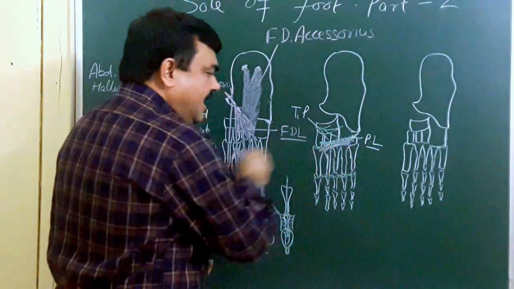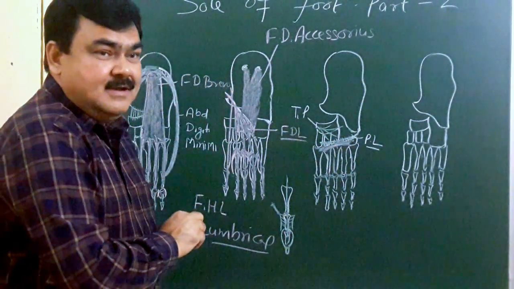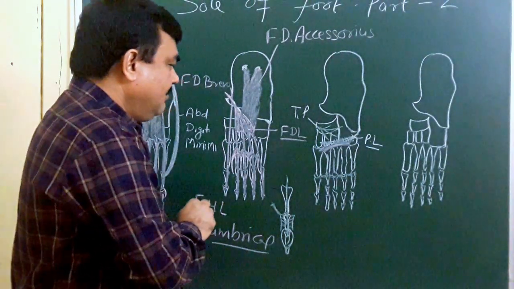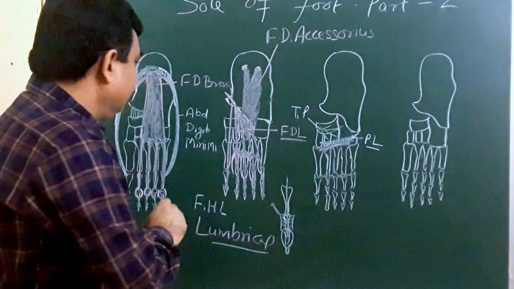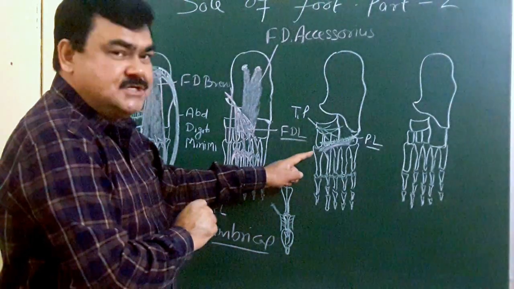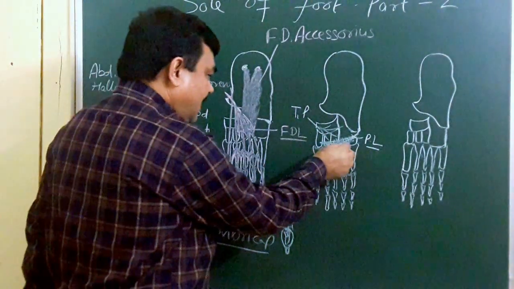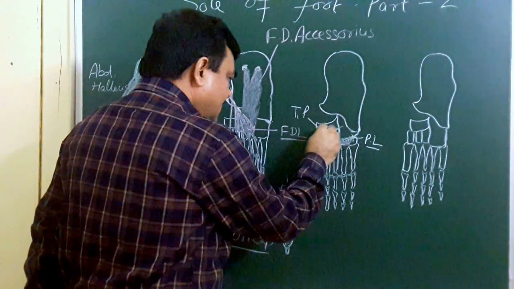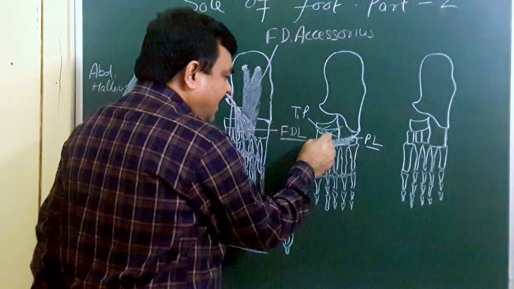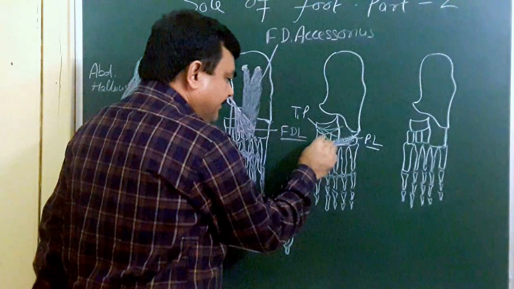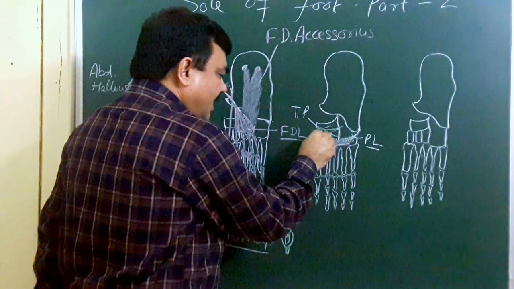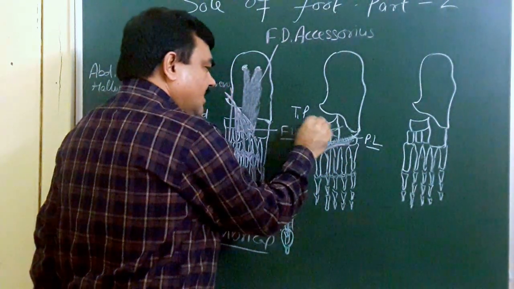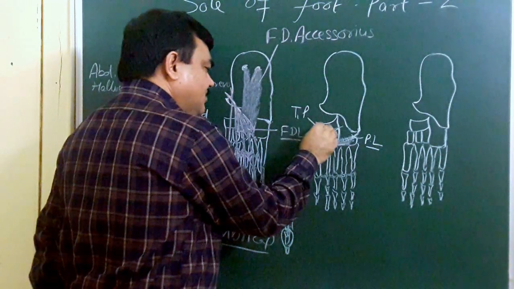This is the lateral head of flexor hallucis brevis, and here is another head, the medial head, which arises from the medial cuneiform and also from the slips of the tibialis posterior here.